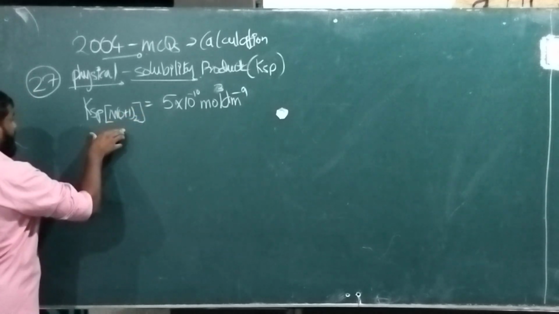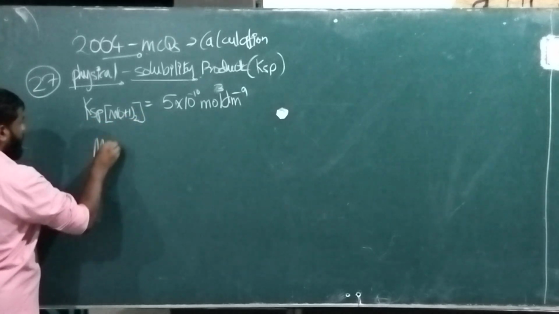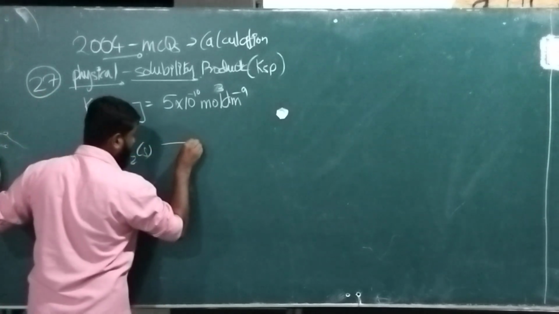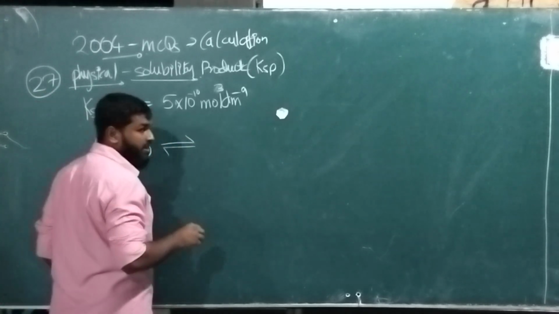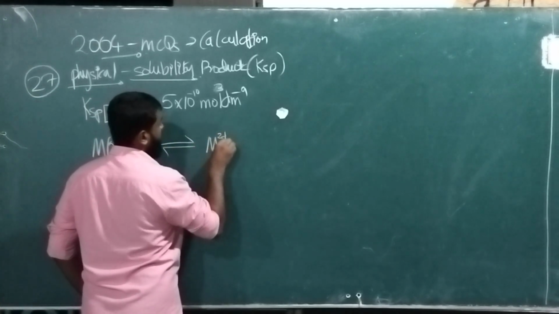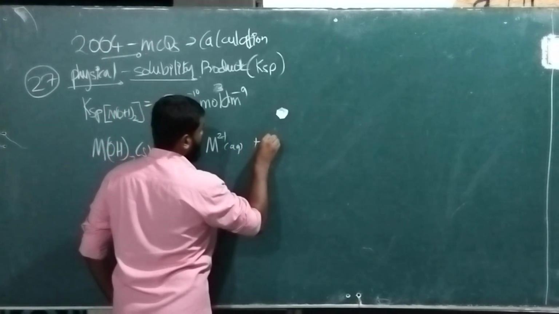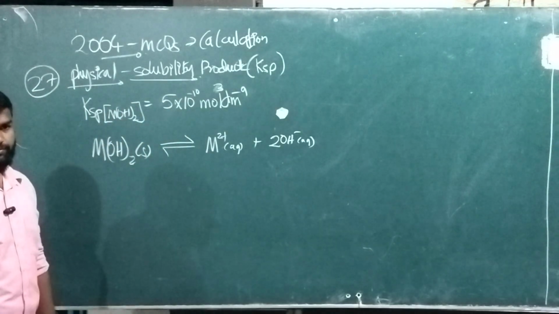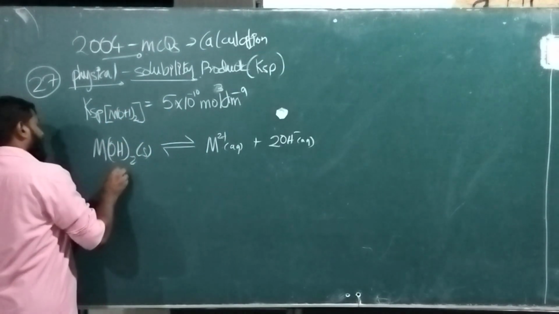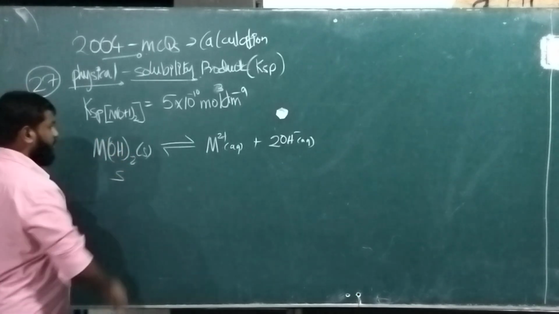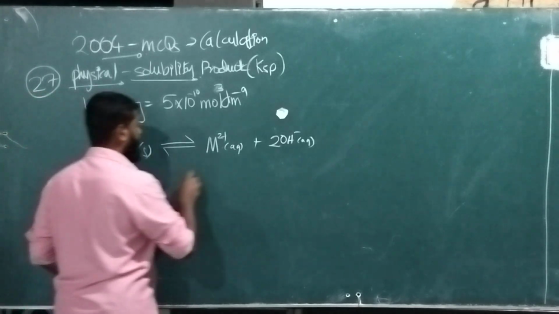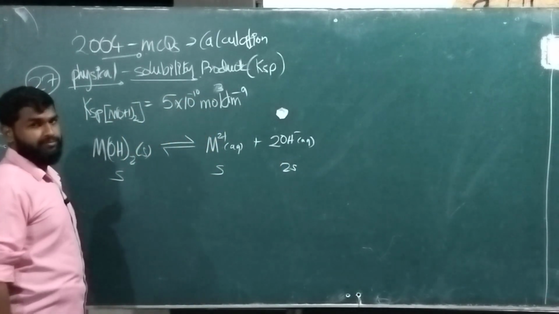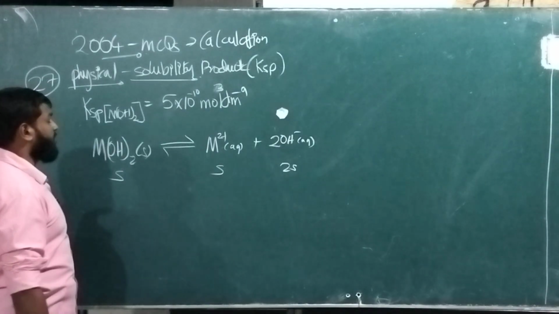If you write the ionic product for this, MOH twice solid undergoes partial dissociation, giving M2 plus aqueous plus 2OH minus aqueous. So this is the dissociation case. If some amount of MOH twice is dissociated, let's say S amount, here S will be formed, and here 2S amount of substance will be formed, right?